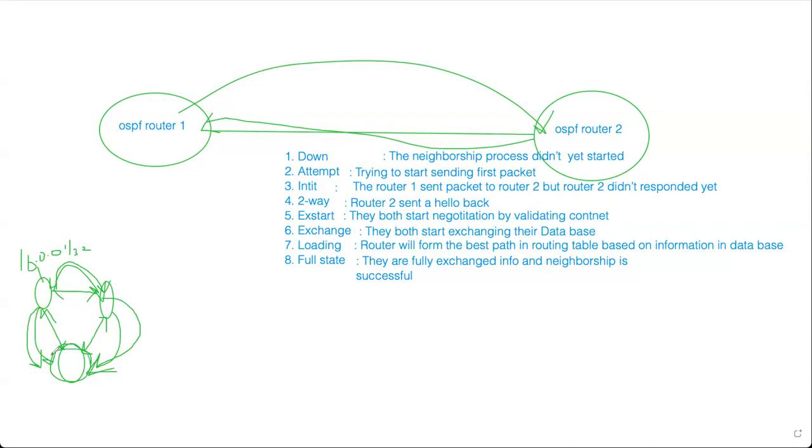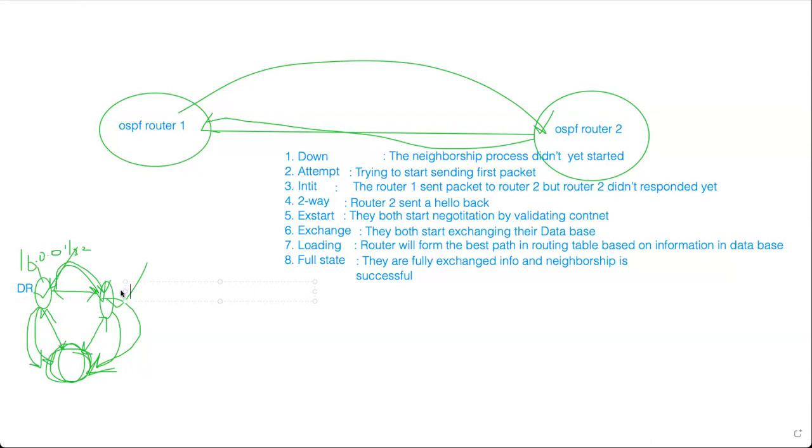So this router should know, okay, I received this route from two routers, router 1 and router 2. Which one should be considered? Which one has more priority? To elect that, to avoid this looping problem, they will form the DR and BDR.